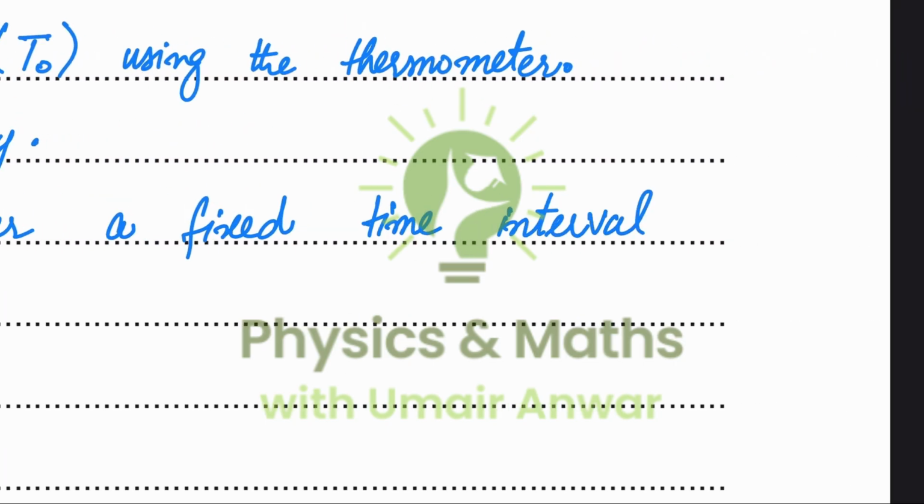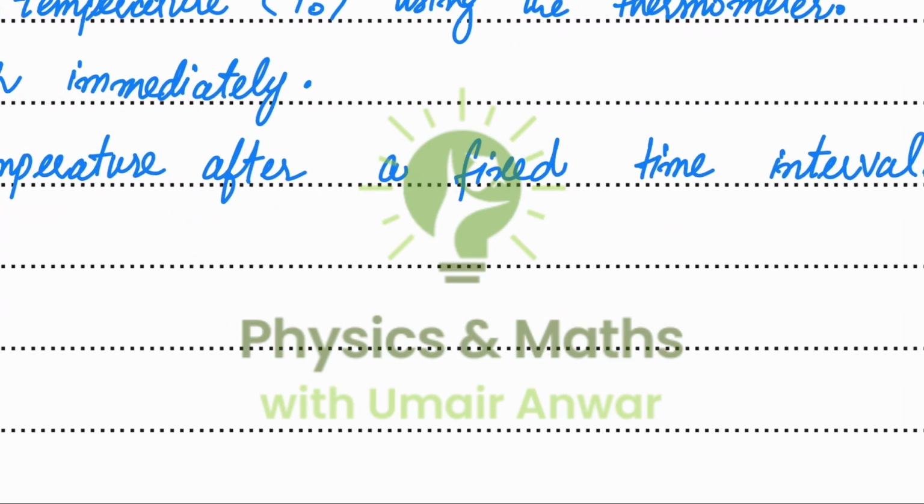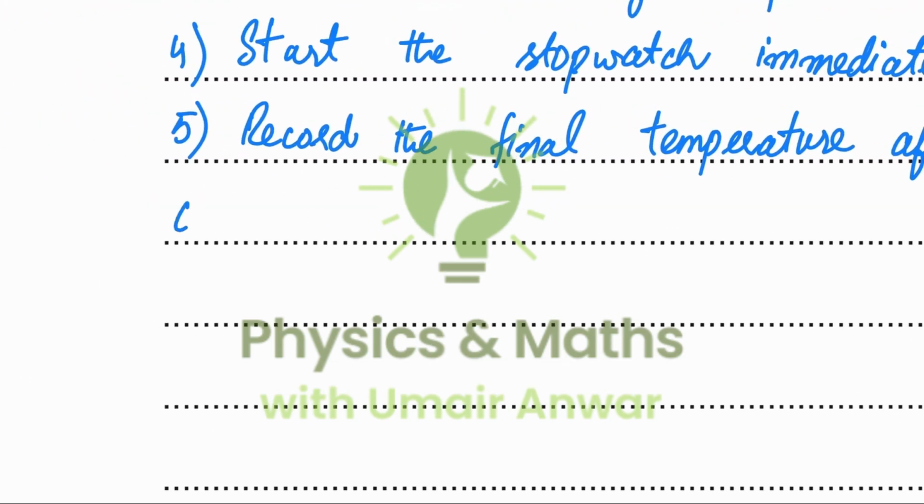For example, we set an interval of 10 minutes or 20 minutes. So when the fixed time interval has passed, we will be noting the final temperature, which is going to give us the idea how quickly or how slowly the liquid is cooling down, the hot water is cooling down.